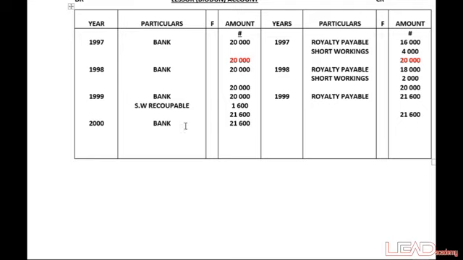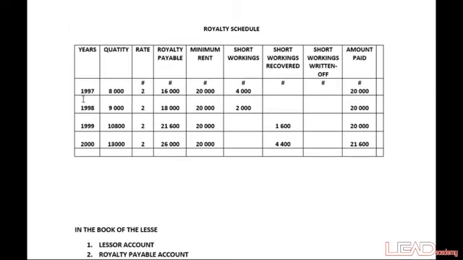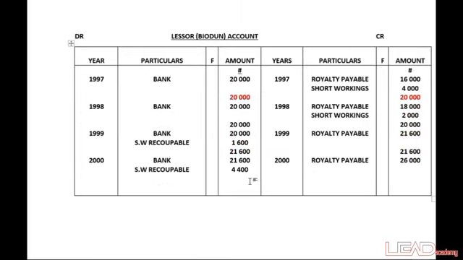So you put your short workings recoverable of 4,400. Then once you go to your credit side in year 2000, you had a royalty payable of 26,000. Once you sum the debit side, you have 26,000, which is also equal to the credit side.